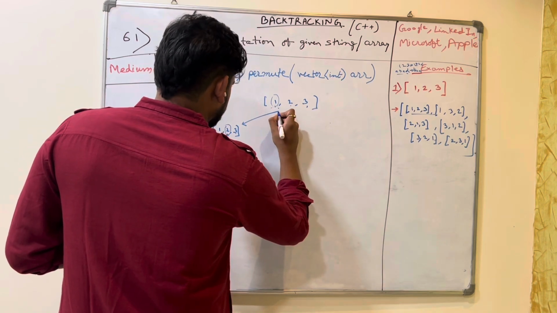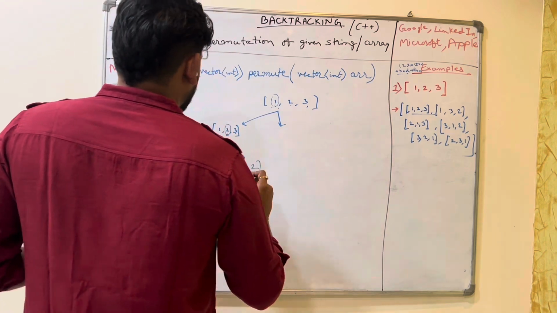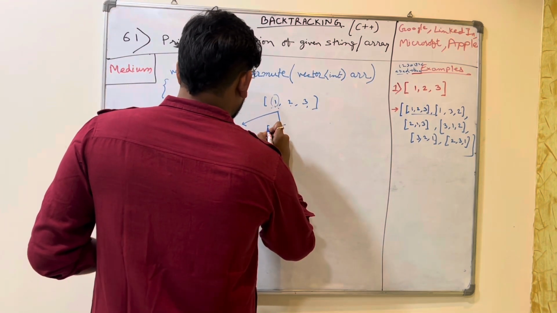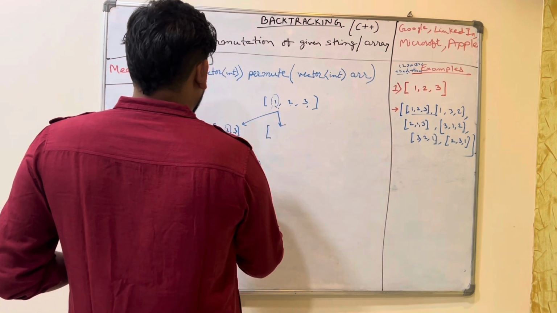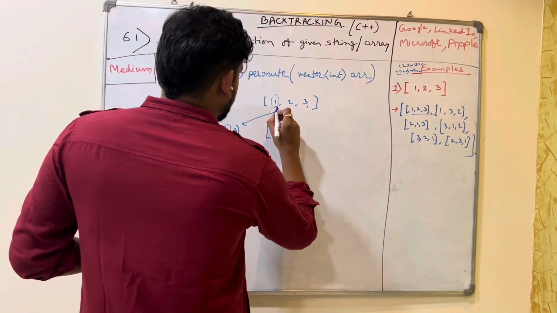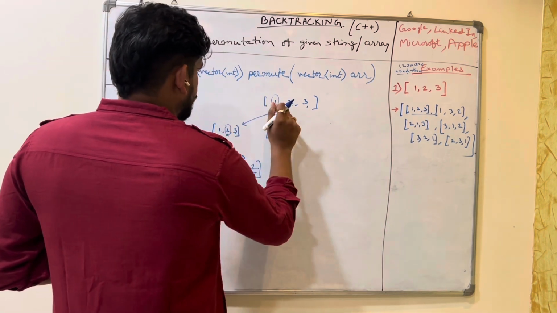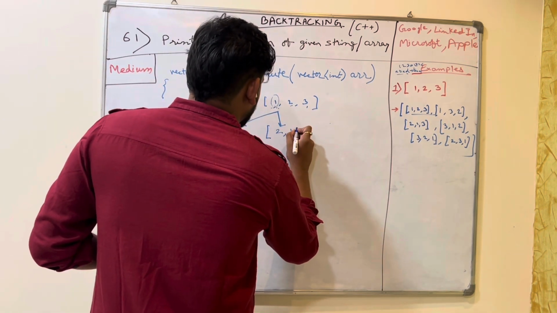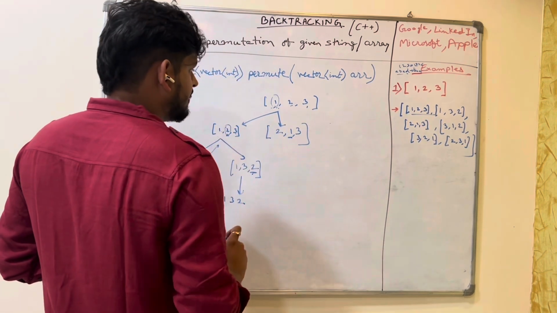Now coming here, okay, here in the beginning we swapped 1 with 1. Now we will swap 1 with 2. So when we swap 1 with 2, it will become 2 comma 1 comma 3, right? And our index will be this index.